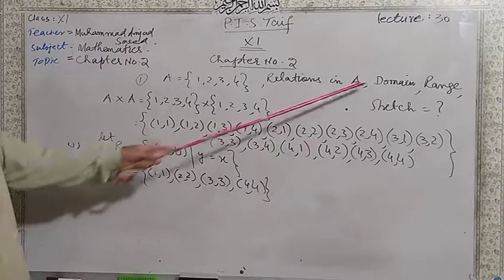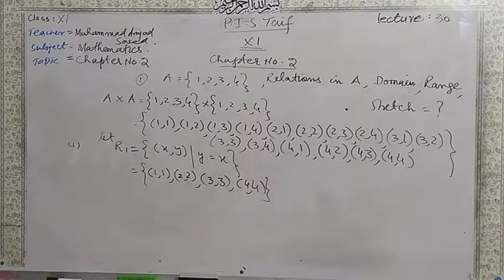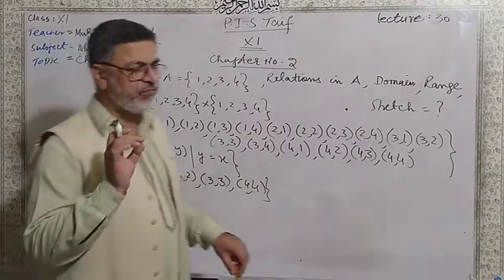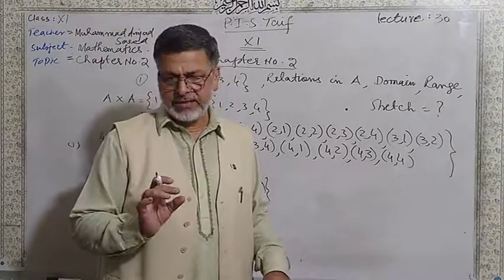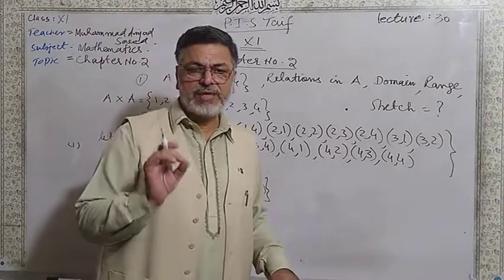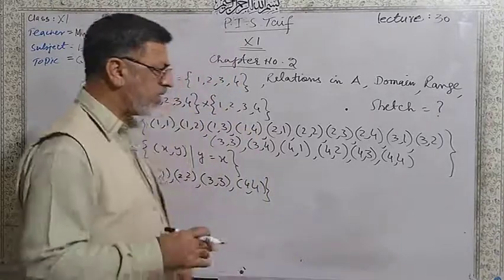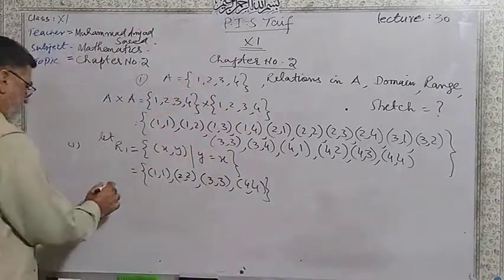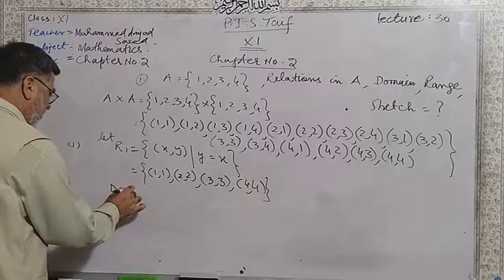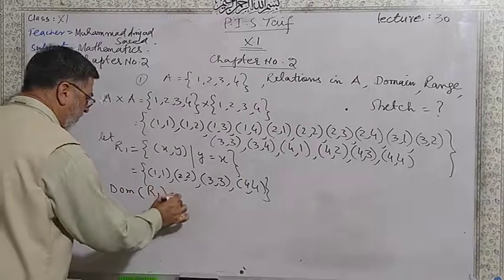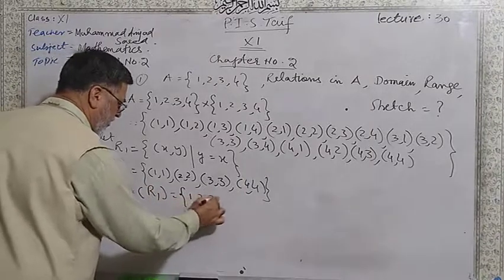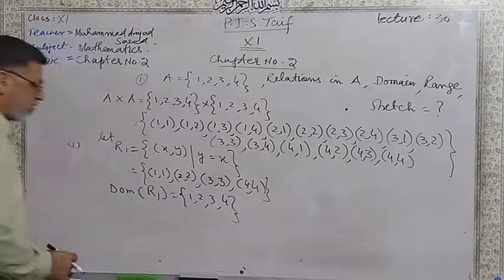After that, we have to write down the domain. Domain means the set of values of x, the x values which are first in the order. So domain of R1 is equal to 1, 2, 3, and 4.